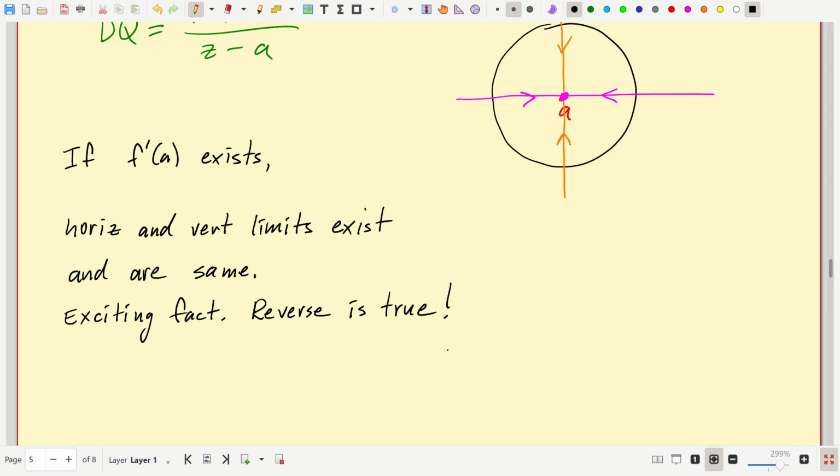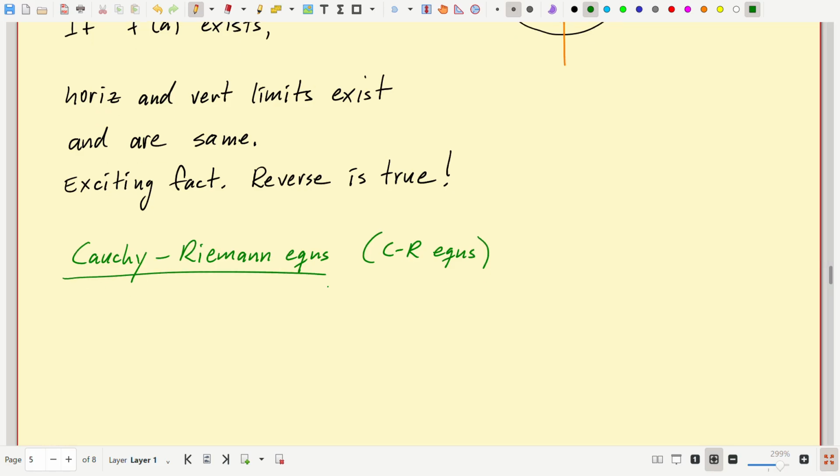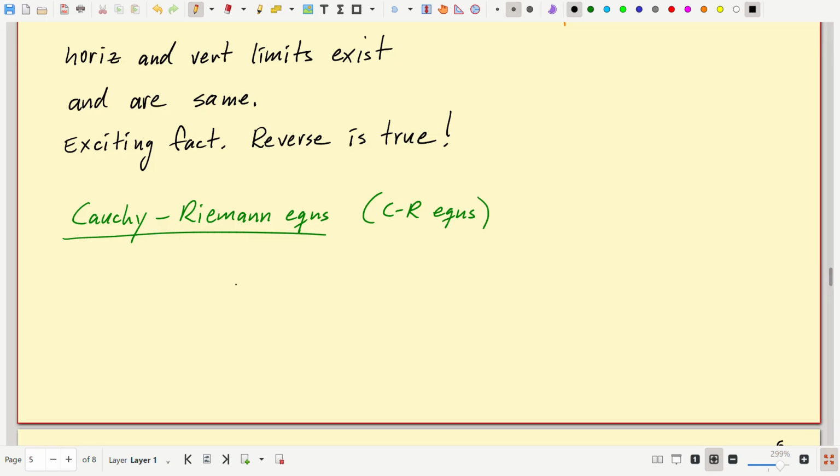Since I have 2 more minutes, I might as well write down what the equations are. This might be the last time I write Cauchy-Riemann equations. I like to write CR equations. Here they are. I'm going to get one of these from going in the horizontal direction and the other from going in the vertical.